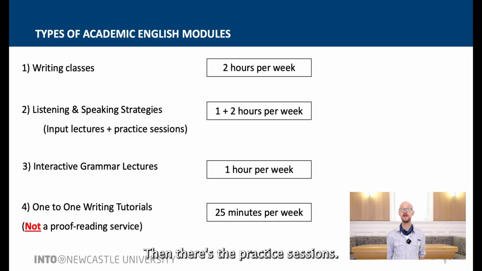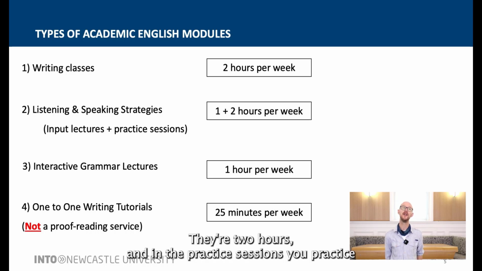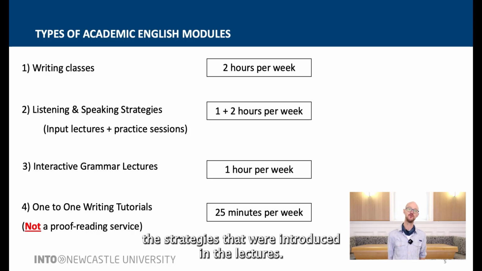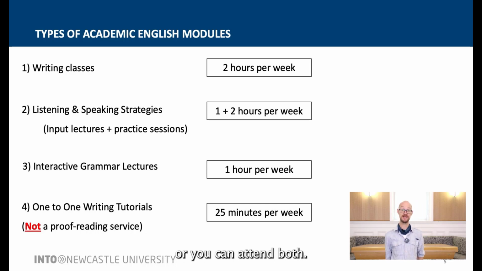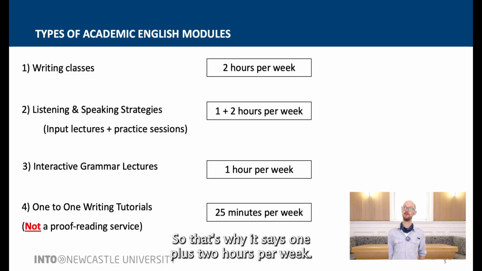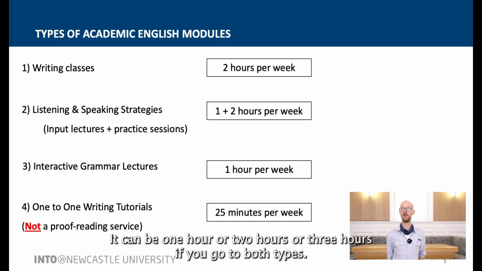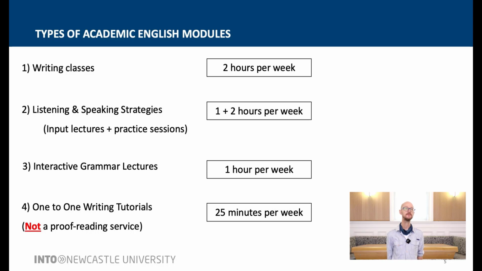Then there are the practice sessions. They're 2 hours, and in the practice sessions you practice the strategies that were introduced in the lessons. So you can attend just the lectures or just the practice sessions, or you can attend both. That's why it says 1 + 2 hours per week. It could be 1 hour or 2 hours or 3 hours if you go to both types.